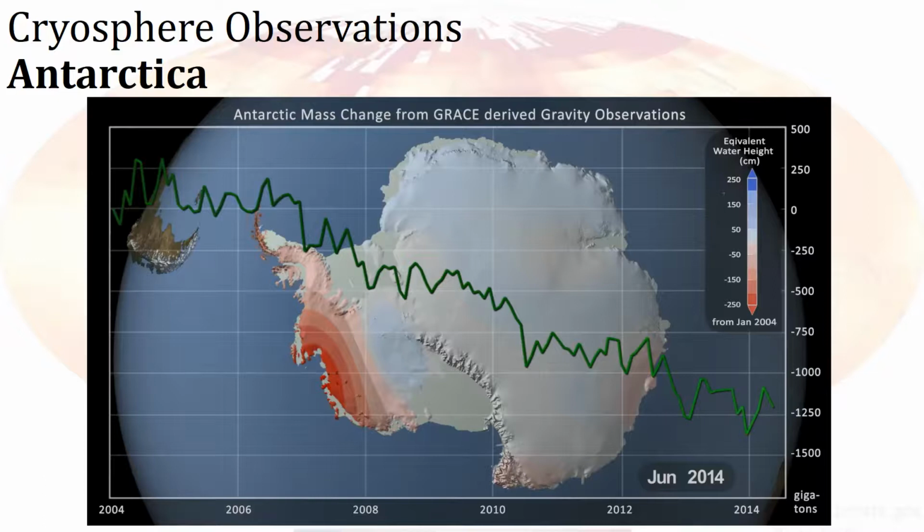And so this is what the GRACE mission does: it measures gravitational forces on the Earth, and it extrapolates then how that plays out in terms of loss of sea ice.